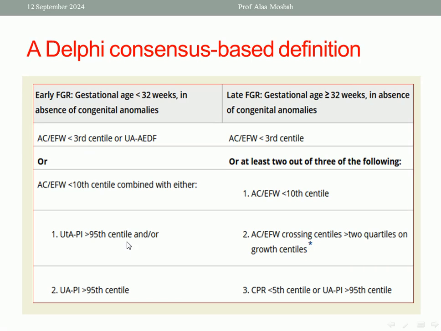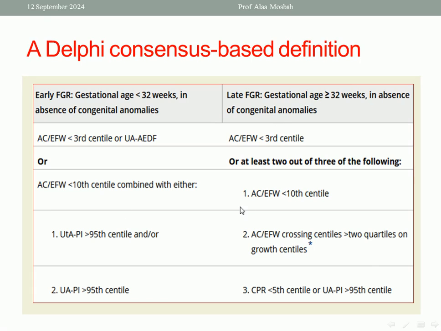So I have abnormal uterine artery Doppler or abnormal umbilical artery Doppler, either one of them, in addition to abdominal circumference and expected fetal weight less than the 10th centile.